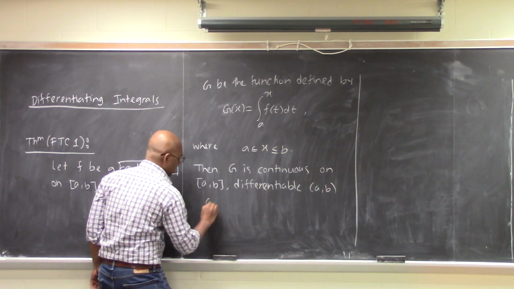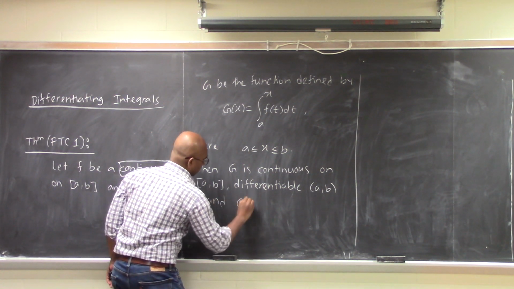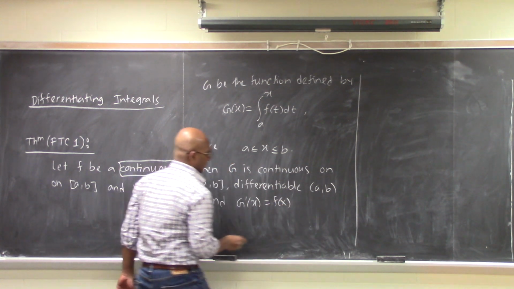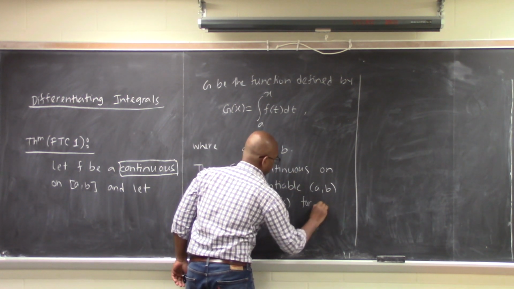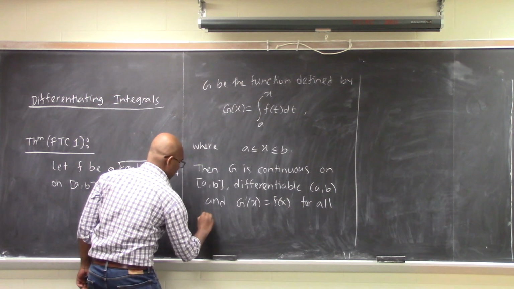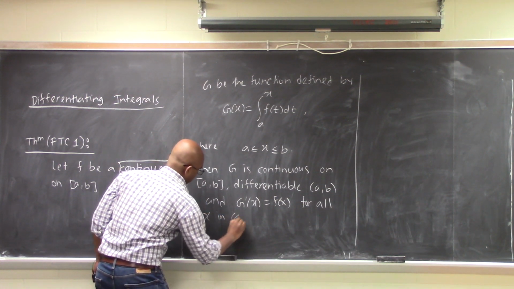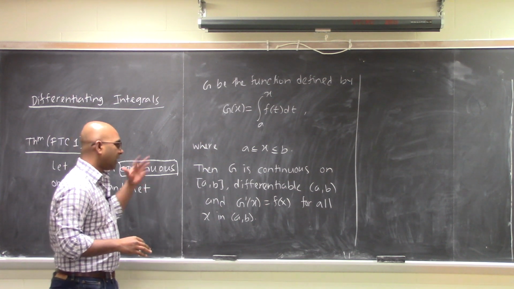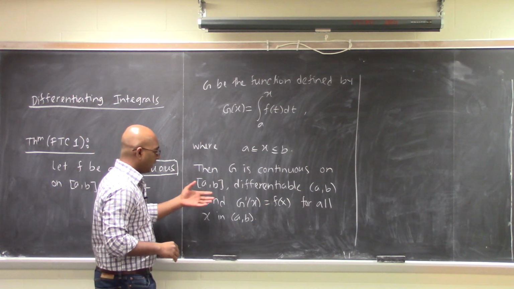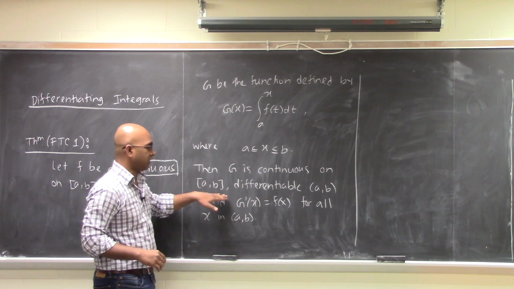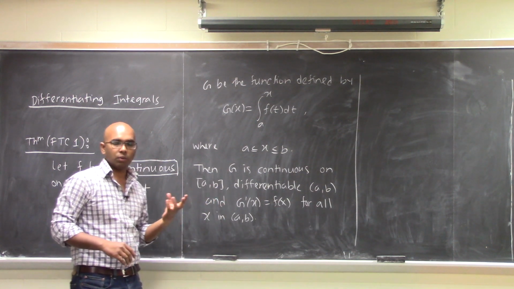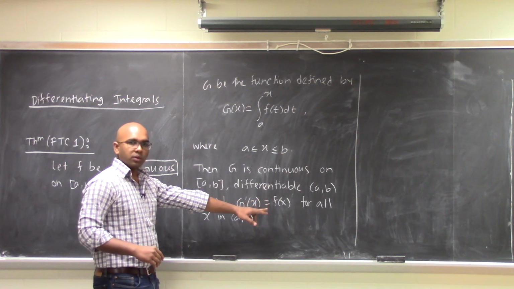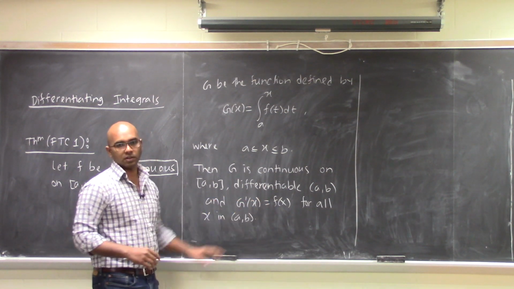And finally the most important one is this, g prime of x equals f of x for all x in (a, b). As I said in the last video, you can actually increase the differentiability of g at the endpoints if we allow one-sided differentiation. And then you can write g prime of x equals f of x for all x in the closed bounded interval a to b.